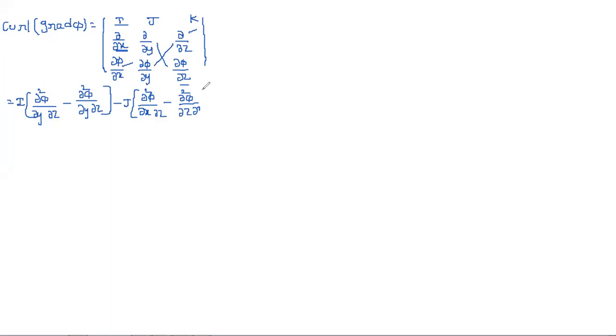Plus k into dou square phi by dou x dou y minus dou square phi by dou x dou y. So this one, this one and this one, simply what will we get?